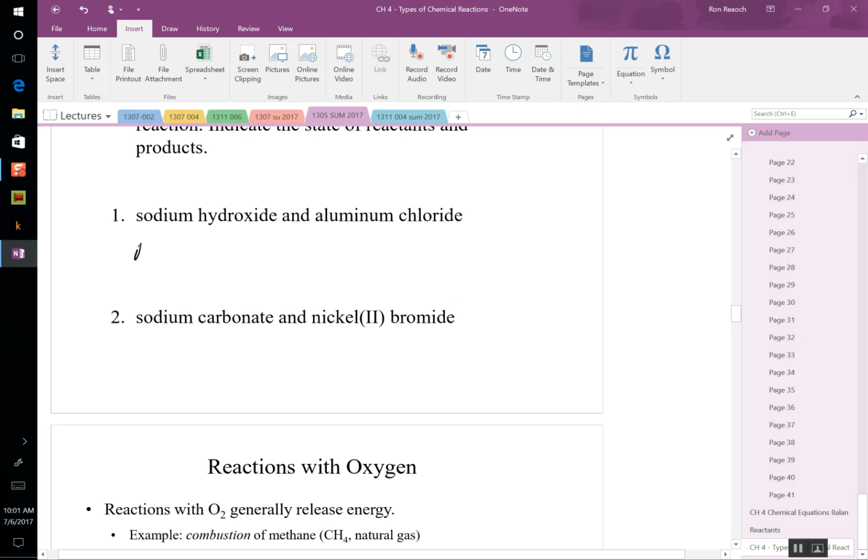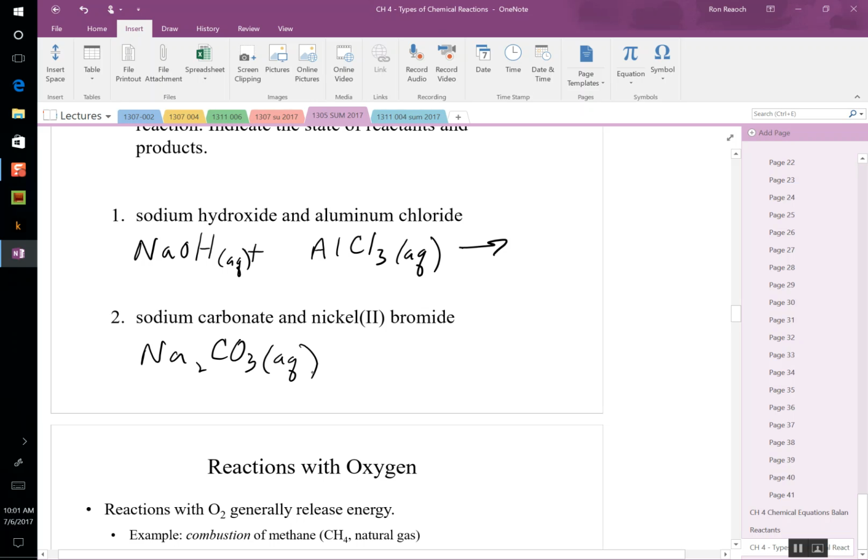All right, so here you would come in here and write sodium hydroxide plus aluminum chloride. These are soluble. And then you would predict what you're going to get there. Sodium carbonate. Why is that soluble? Because it's sodium. All sodiums are soluble. Nickel bromide. Chlorides, bromides, iodides are soluble except for some things, but nickel was not one of those exceptions.